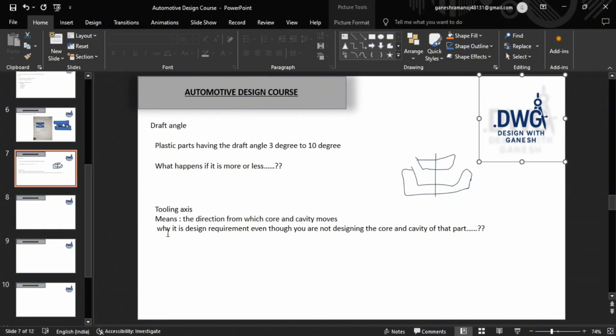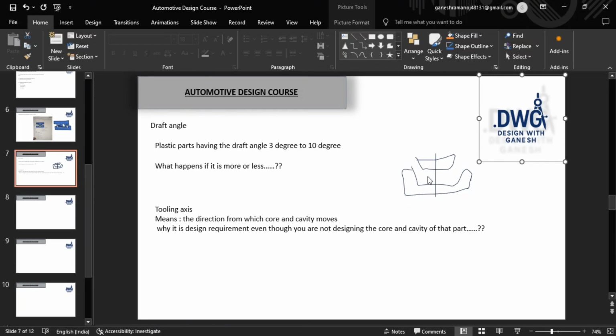Now you may have a question, which I also had when I first learned this topic: why is it a design requirement even though you are not designing the core and cavity of the part? For example, you are making only the plastic part. The tooling axis is more relevant to the core and cavity designer.